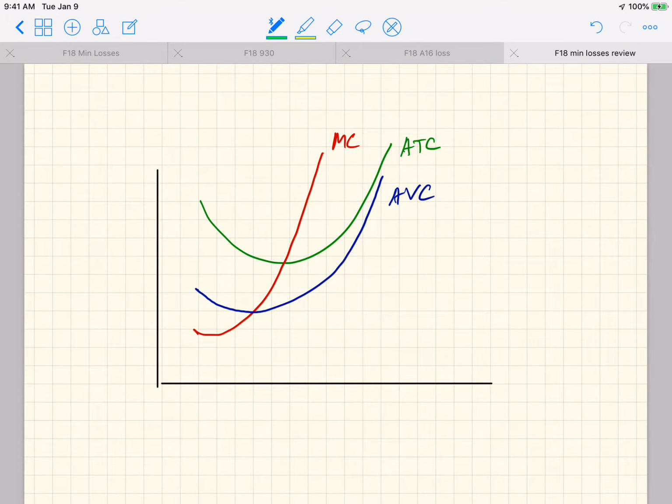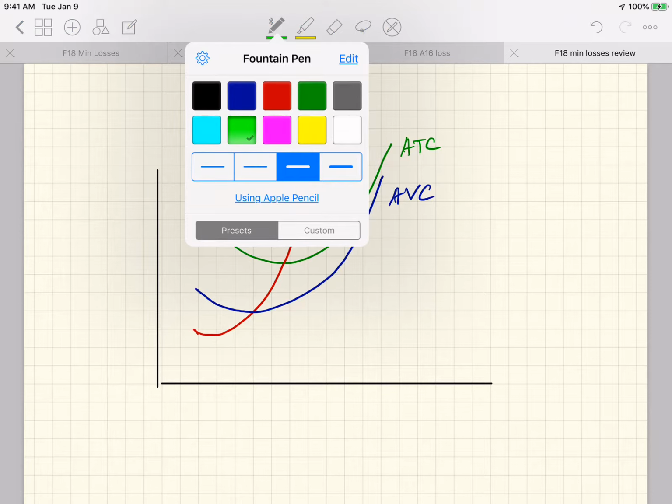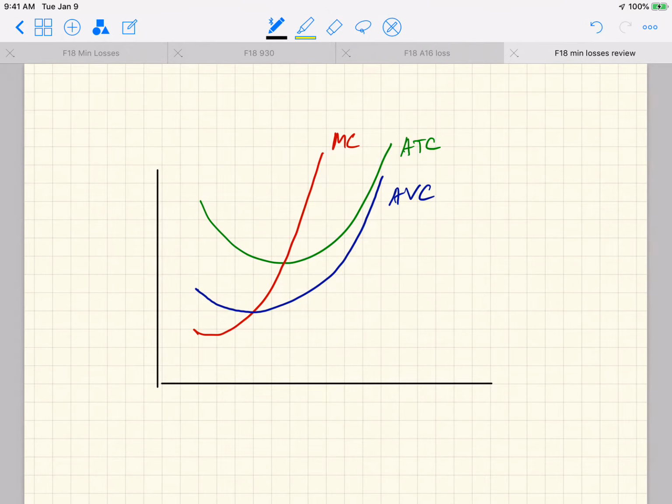All right, so another scenario is when price is smaller than AVC. So let's draw it here.